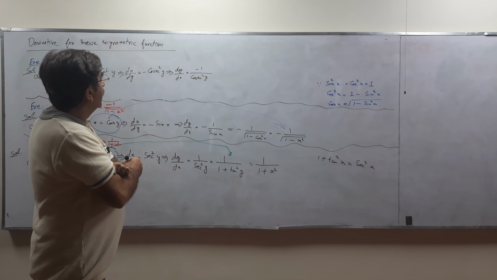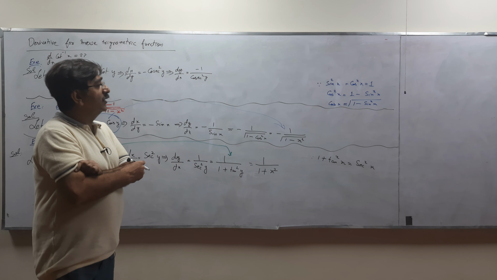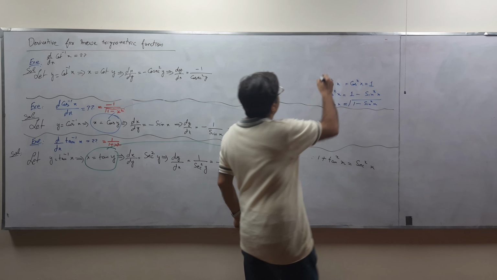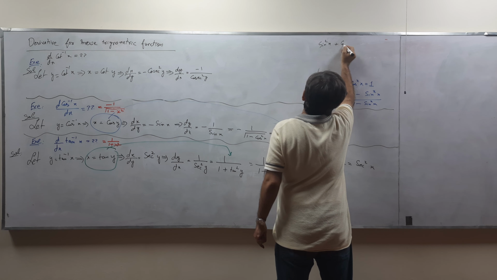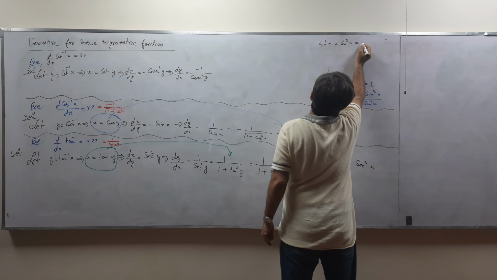And what is cosecant square? As we know, sine square x plus cos square x equals 1.